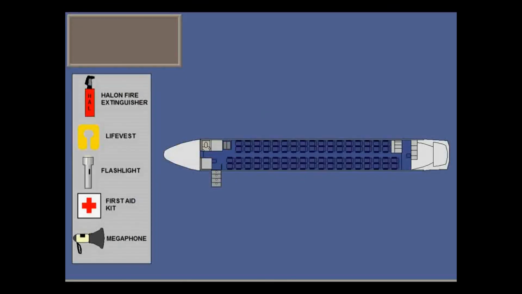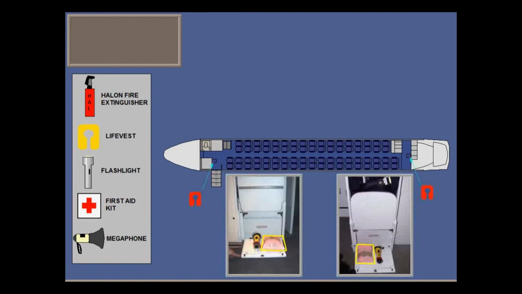Life vests are under each passenger seat and at the attendant stations. There are 3 infant life vests and 2 reserve life vests in the emergency equipment drawer, and the same in the forward galley.